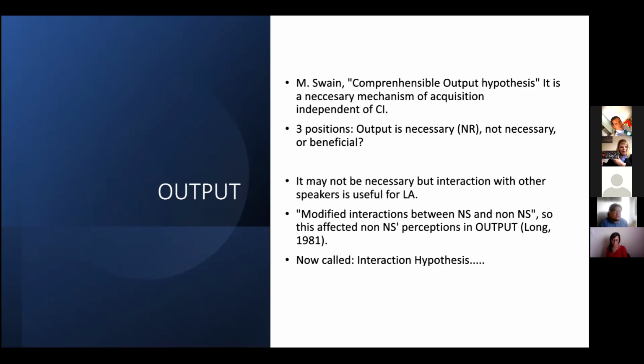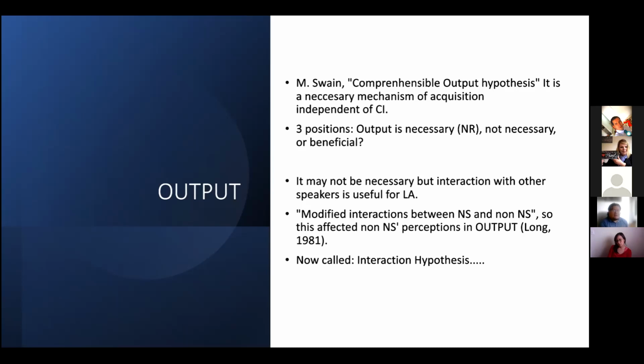It's very important. If we put together a non-native speaker and a native speaker, the native speaker's output is going to play a key role in the interaction. The non-native speaker is going to receive the language. And according to some studies, it is proved that there are some modifications when a native speaker modifies his speech when he's talking with a non-native speaker.